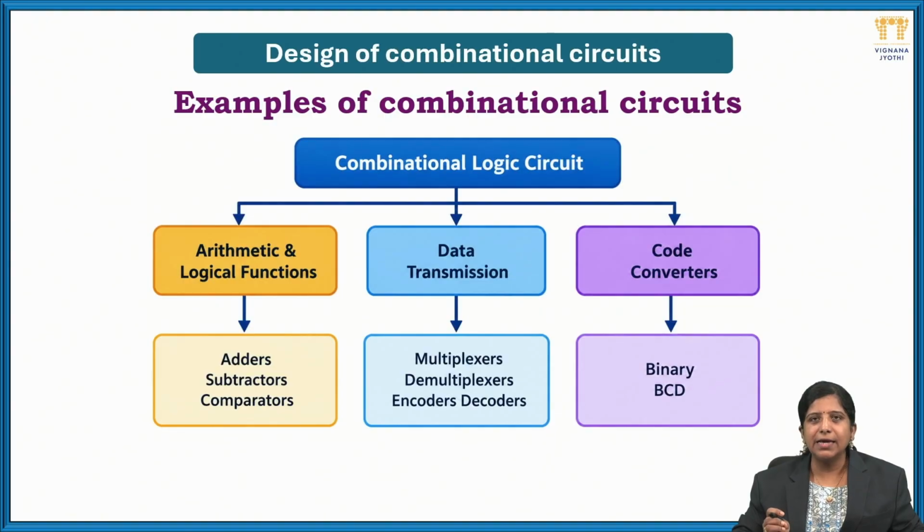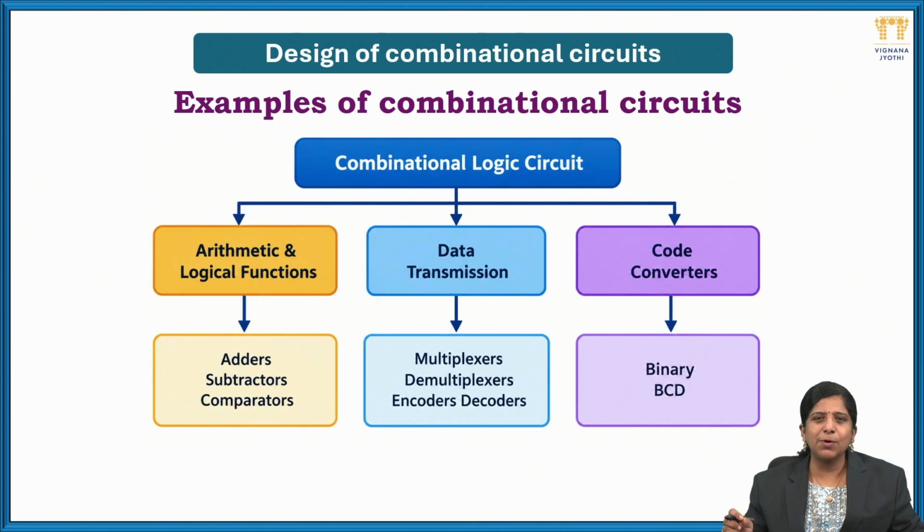As the name implies, code converters are used to convert one code to another code. It can convert binary to gray code or gray to binary, or BCD to XS3 code or XS3 to BCD. So these are the combinational logic circuits. Depending upon their application, these are classified into 3 types: arithmetic, data transmission, and code converters.